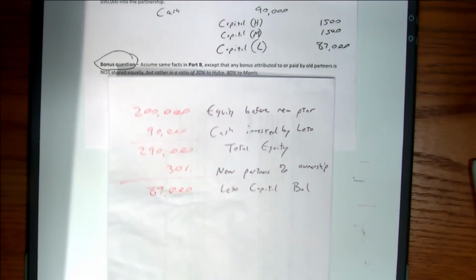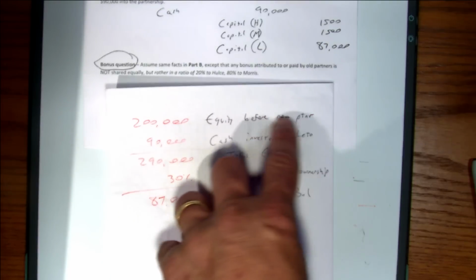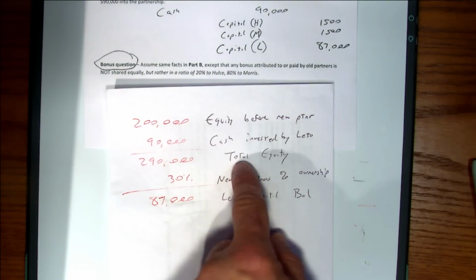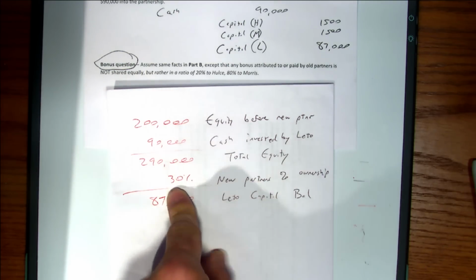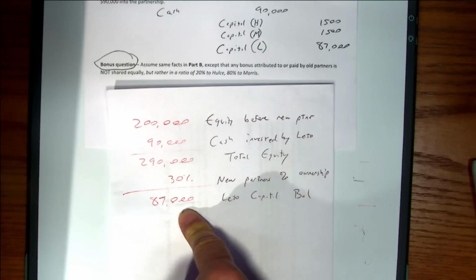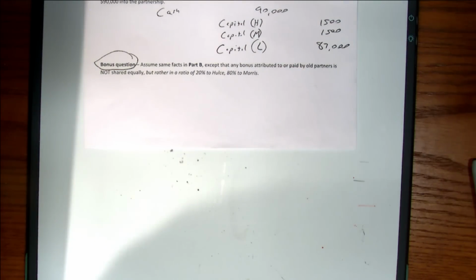So this analysis still holds. $200,000 equity before the new partner, cash invested by Lado of $90,000. That'll give us total equity of $290,000. Lado is still having a percent ownership of 30%. Thus, Lado's capital balance will be credited for $87,000. Is that correct? Okay. So let's go ahead and do this journal entry.